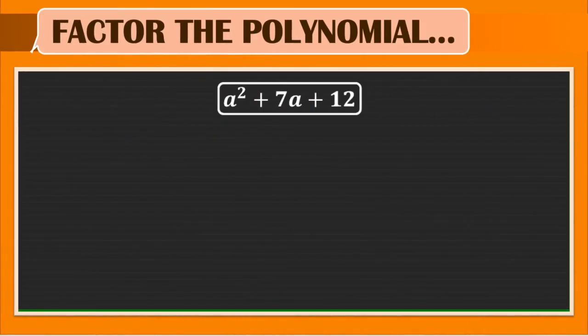So let's apply the pattern with A squared plus 7A plus 12. Take note the third term is positive and the middle term is positive. Thus, the factors will have the same signs and the two of them are both positive. So first, let's factor A squared, and that is A times A. Then let's find factors of positive 12, which are both positive. We can have 4 times 3.